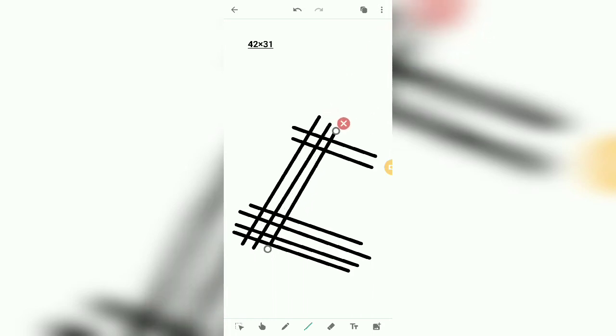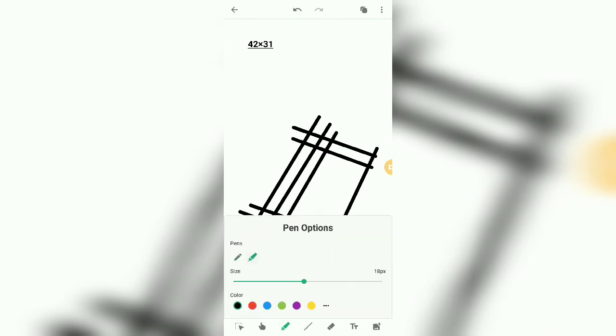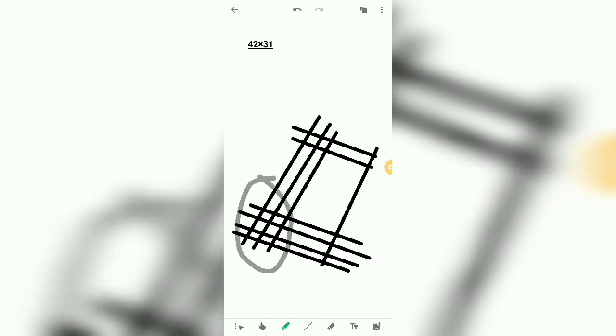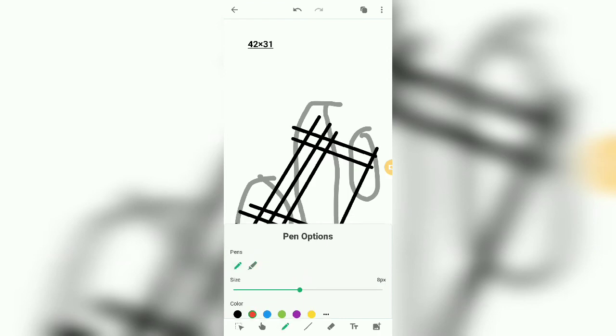Oh, sorry. That's 1 over here. So let's see. Have this side, and this side, and then this side. So we count.